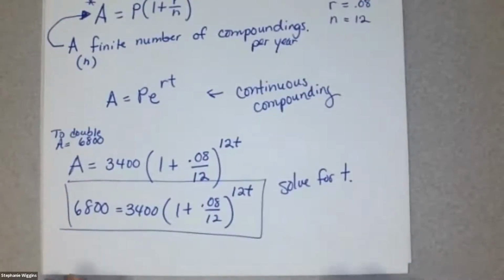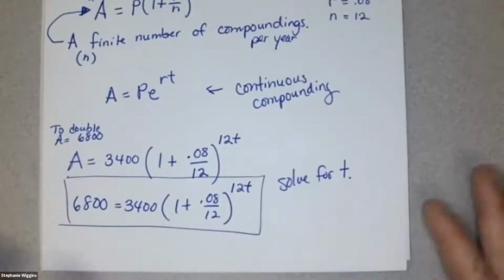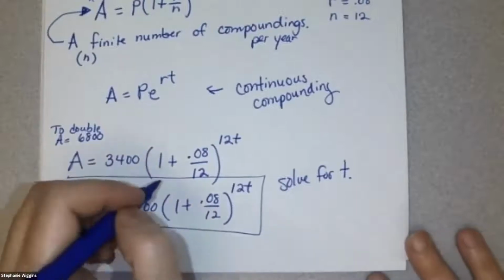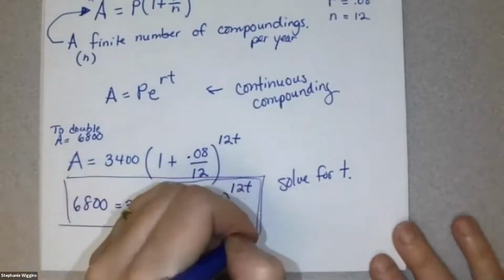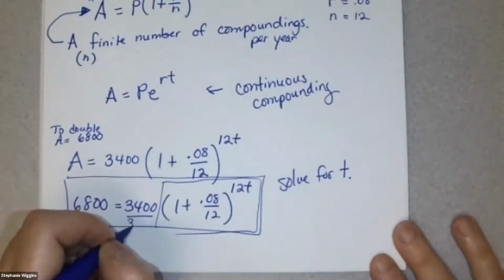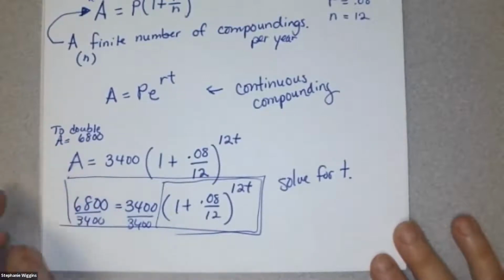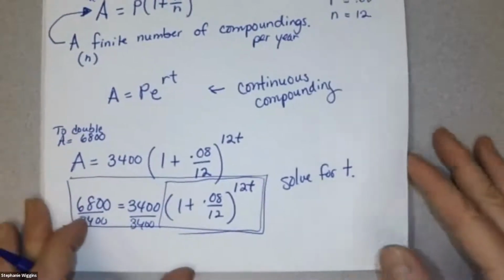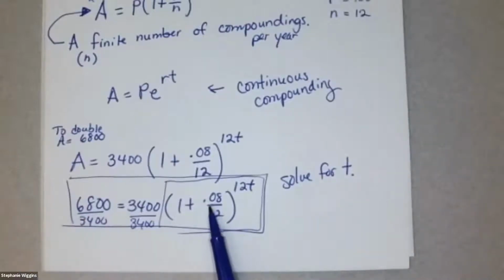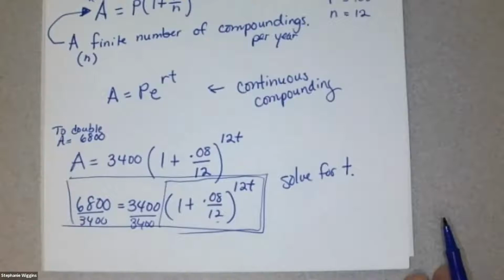Okay, so how do we do that? Well, first off, you want to isolate your exponential piece. So this is the exponential piece. So I'm going to divide both sides by 3,400. And that gives me, first of all, I'm going to calculate 0.08 divided by 12. Let me go to my calculator.